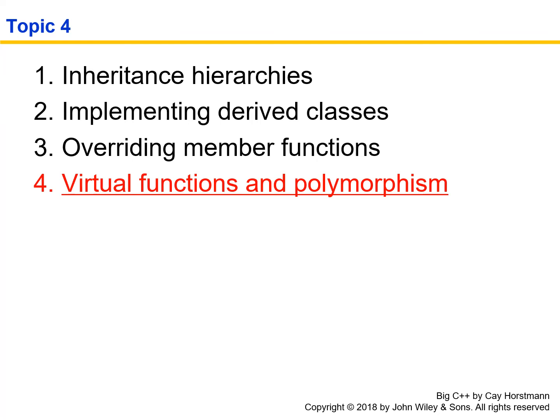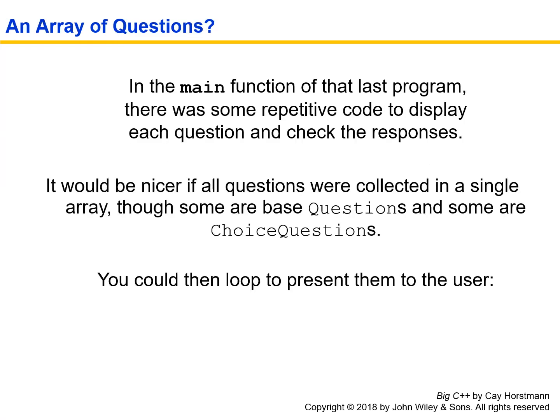In this case, we need to take advantage of what's called polymorphism, which is where the base class can stand in for many different examples of its derived classes. So you can have a single array of question, and it can have different question types as parts of that array. But there's some trickiness about how C++ implements this that we need to explore.